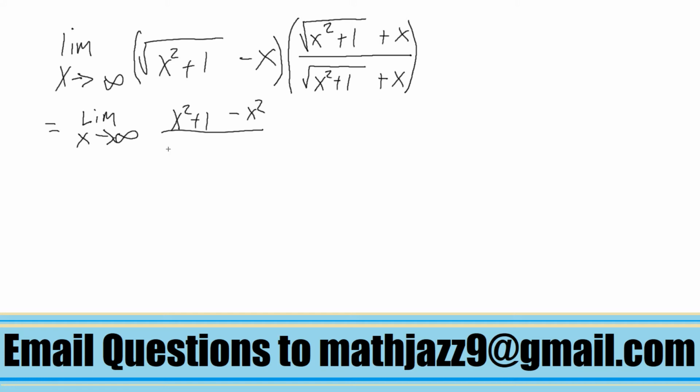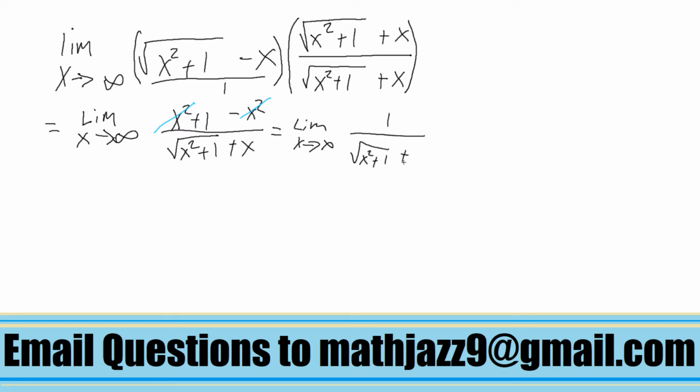The bottom, of course, is just being multiplied by 1, so it doesn't change. And these x squared terms will cancel, and we're left with a really nice limit to take, which is the limit as x goes to infinity of 1 over the square root of x squared plus 1 plus x.